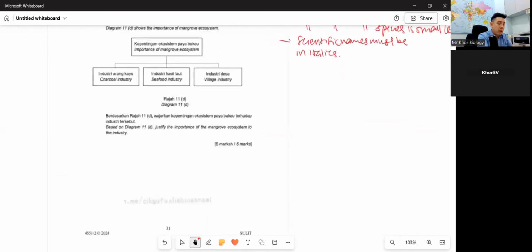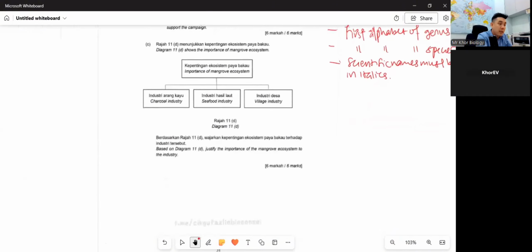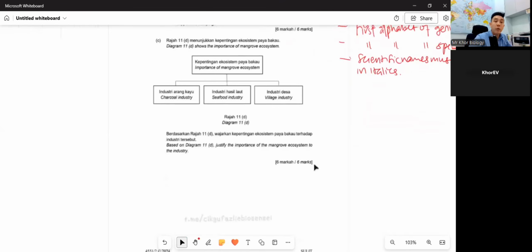Okay, coming to the last one here, guys. Importance of mangrove. Actually, this is very important for exam. Because 2024 just finished, this year is 2025. So if you are a 2025 student, take note of mangrove.